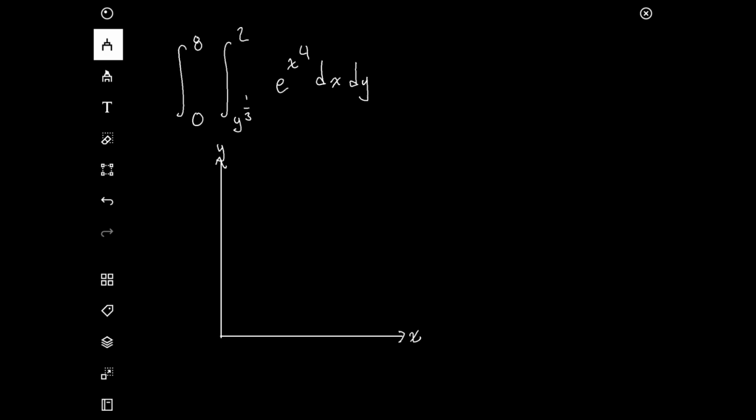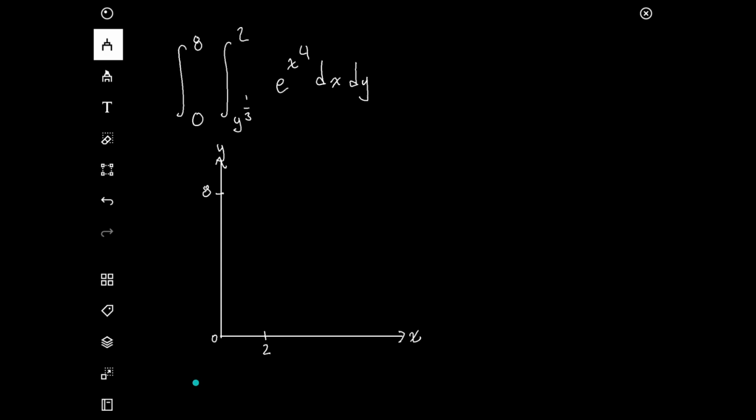So on the y-axis, we go from 0 to 8. We got 0 down here. Let's put 8 up here. And then on the x-axis, our bounds go from 2 on the upper bound, and then our lower bound is y to the 1/3. And that's x equals y to the 1/3.